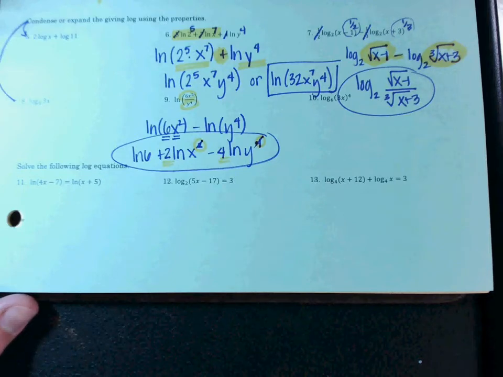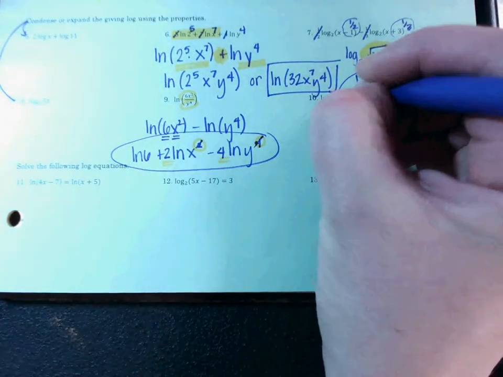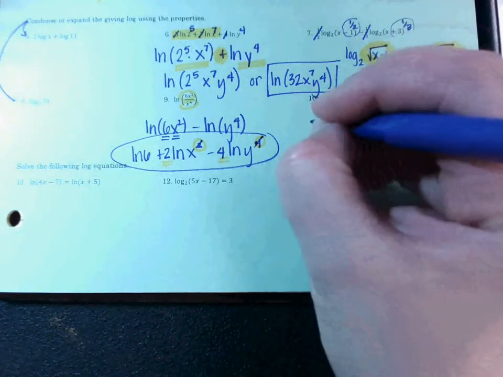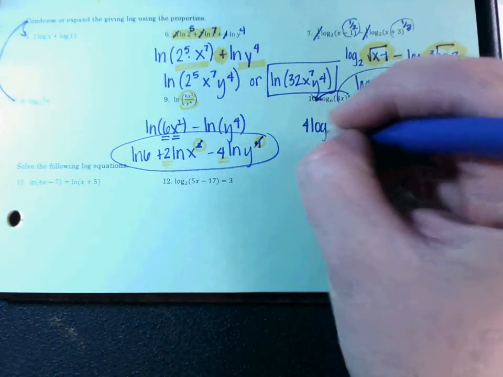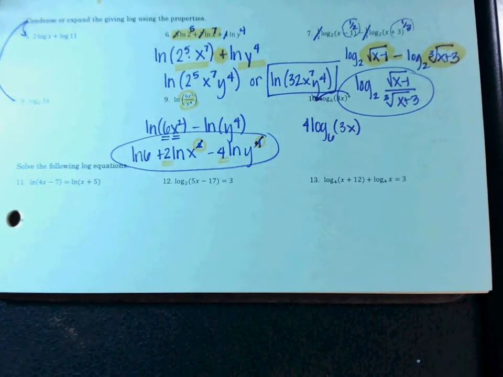Okay. Take a look at number 10 right next to it. Okay, number 10, I notice that I have a big parentheses with a 4 on the outside. That 4 has to move first. I'm going to move it down to the front. So that now I have 4 log 6 of 3x.